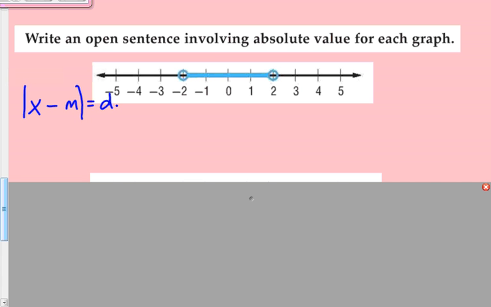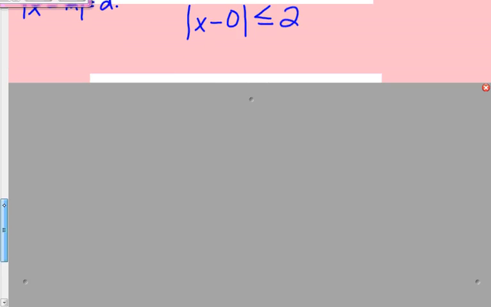But these are inequalities, so you won't have an equal sign, but you still have a midpoint and the distance still go in the same spots. So you're going to start with x minus the midpoint, in this case 0. That's in absolute value bars. But since they are within here, within negative 2 and 2, it's a less than or equal to because it's within, and then your distance is 2, so that goes there. And that's how you tell whether it's less than or equal to, as you look at it's within.